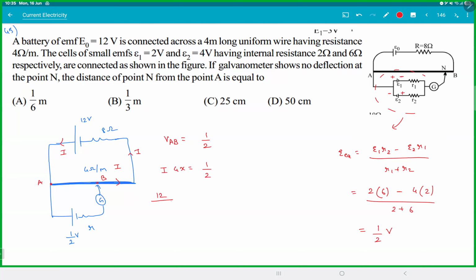I is nothing but 12 by 8 plus the length of the wire, which is 4 meters. So 4 times 4, that is 16. That is half. X is 1/4 meter or 25 centimeters. Yeah. Got this?